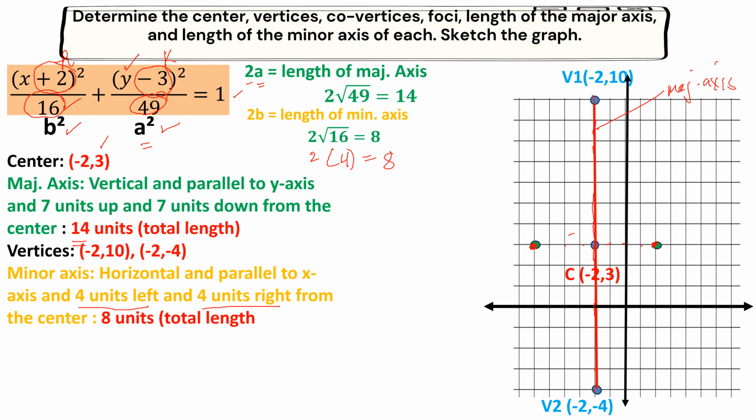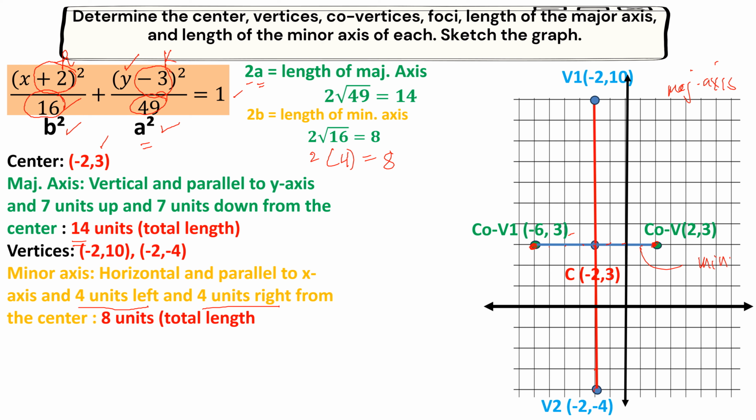So the co-vertices are represented by the coordinates negative 6, 3, and the other co-vertex is 2, 3. So we will now connect the two co-vertices, and there is our minor axis.